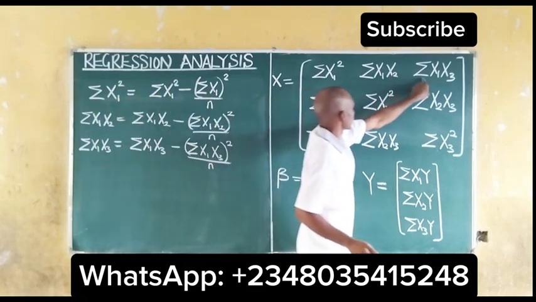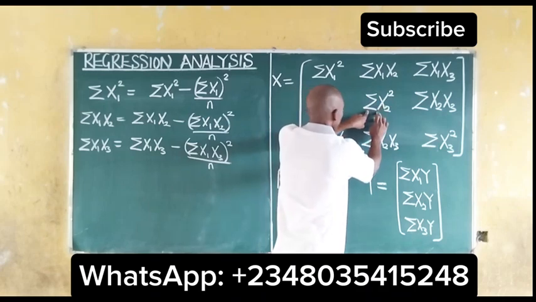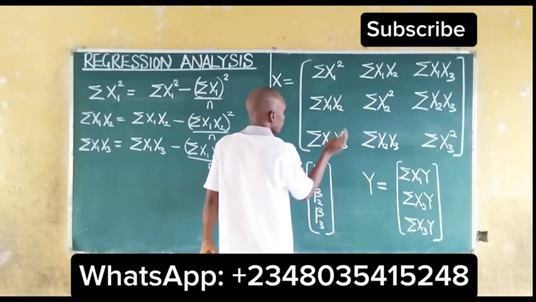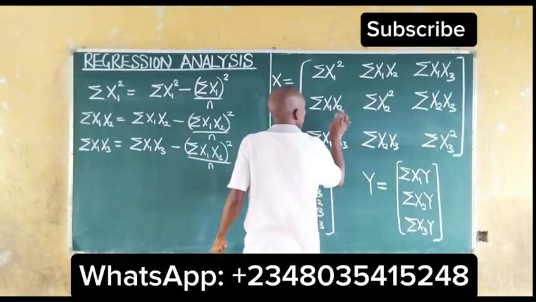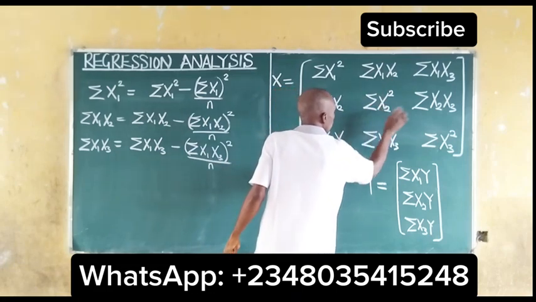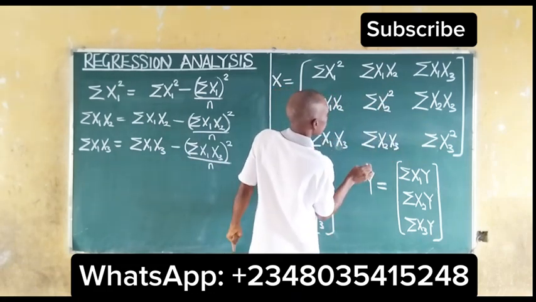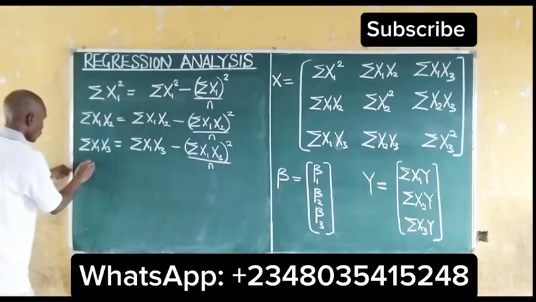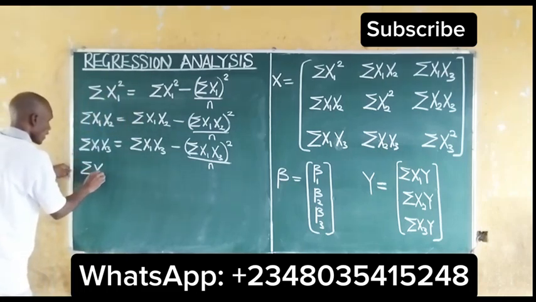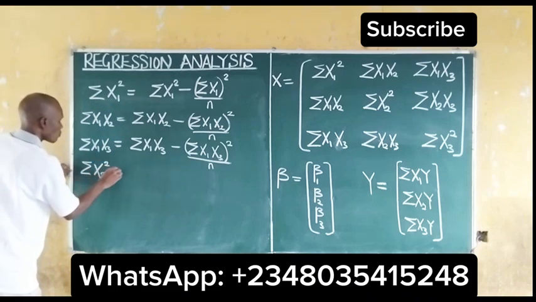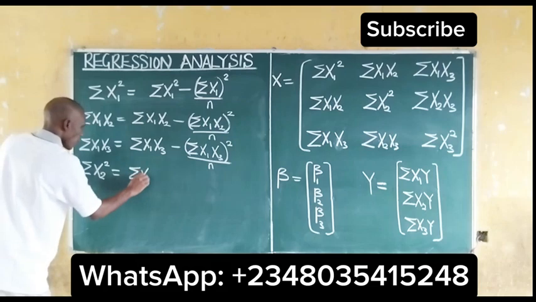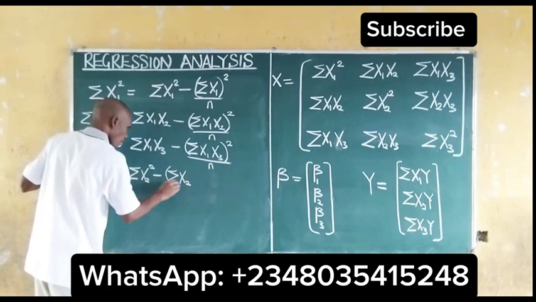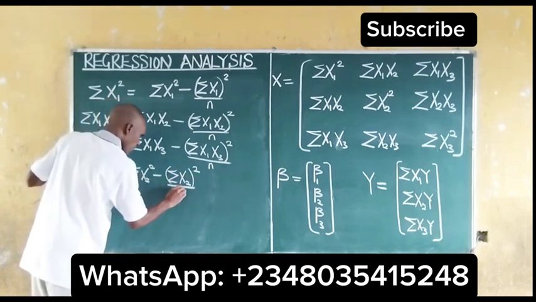So we have this now. We get this and this and this only because x1 x2 we have it here, x1 x3 we have it here. So we look for just 1, 2, and 3. So summation of x2 squared will be equal to summation of x2 squared minus summation of x2 all squared all over n.